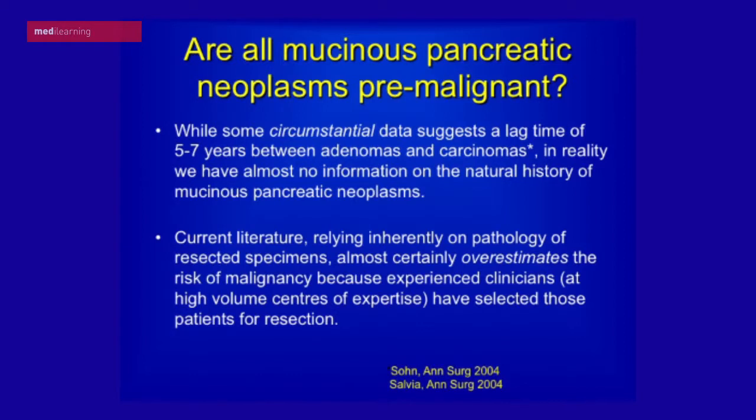There is circumstantial evidence that suggests there's a lag phase of about 5 to 7 years between the benign component of it and the invasive component of it. But this is all based on pathological specimens. And also, I suspect we probably overestimate the rate of malignancy in these patients, and we overestimate the threat to our patients with these tumours.